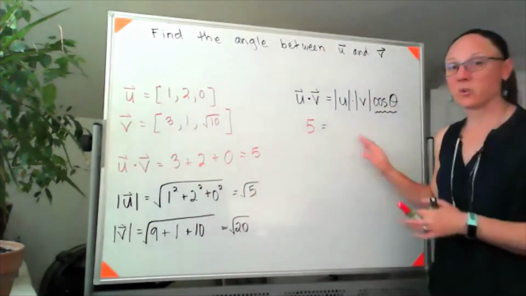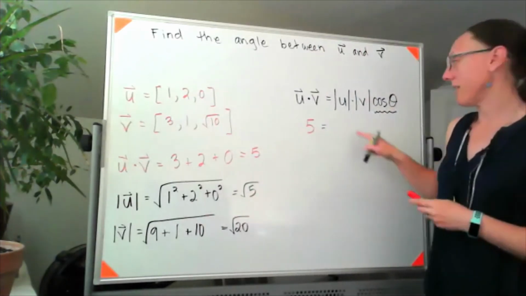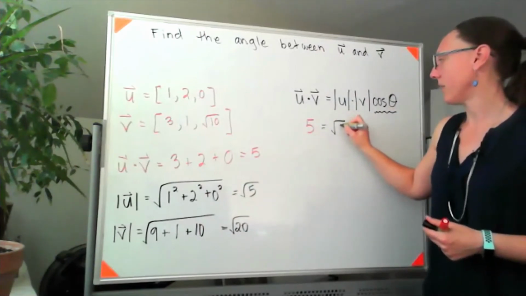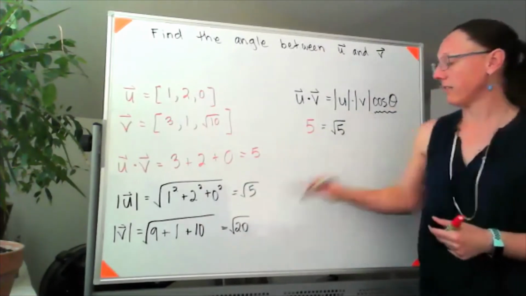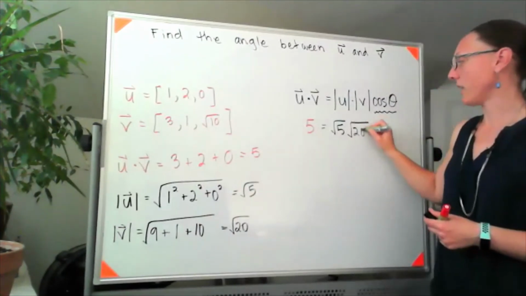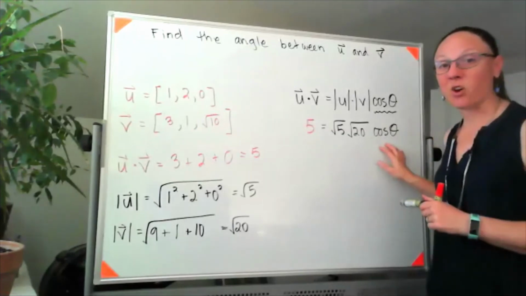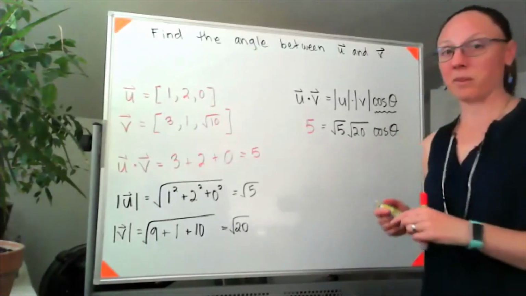So if I plug each of those into my formula, for the length of U, I'm going to plug in the square root of 5. And for the length of V, I'll plug in the square root of 20, and that's times cosine of the angle between them. If I'm going to solve for that cosine, I'm going to clean this up a little bit.